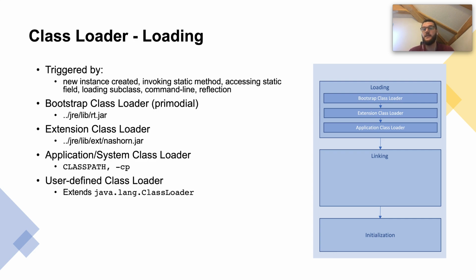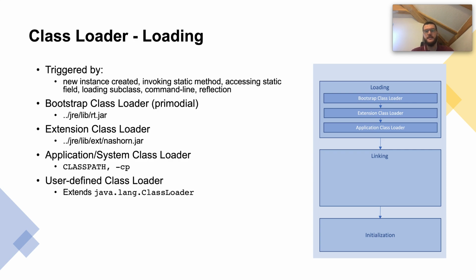These libs are, for example, nashorn.jar. Nashorn is a jar for running JavaScript inside of the JVM. And the location of the extension class loader can be configured with a system property.